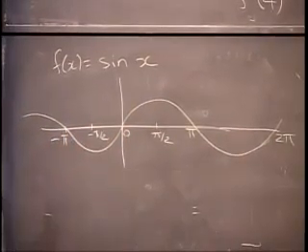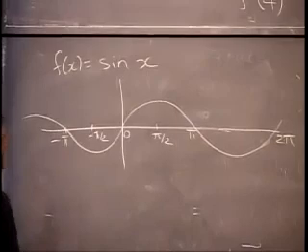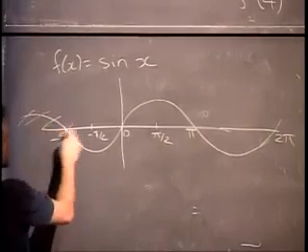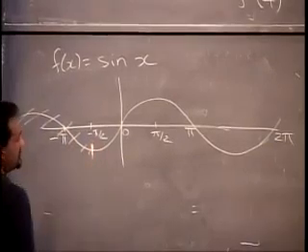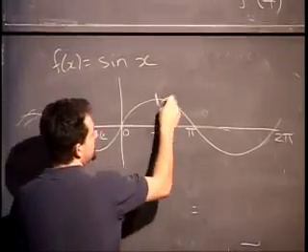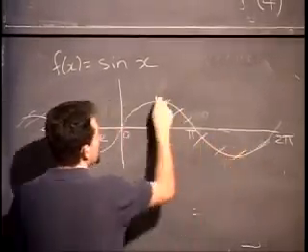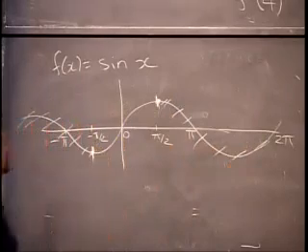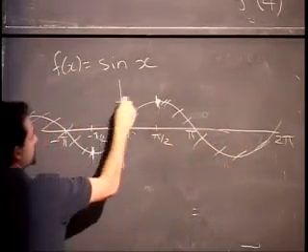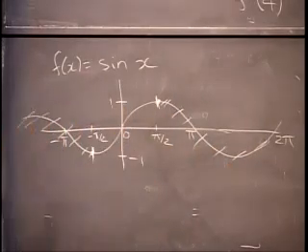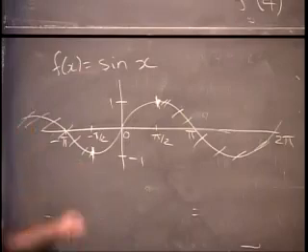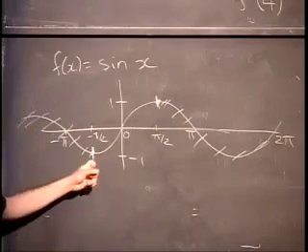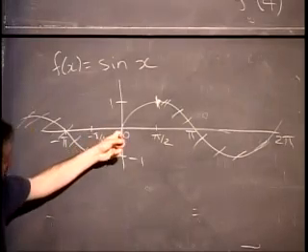So clearly we have to do something, and it turns out that a pretty good thing to do, it's not the only choice, is if you throw this away and start here and stop here and throw all that away, you do get a function which is increasing all the time. In fact, the derivative of sine x is cosine x, and cosine x is positive in the fourth quadrant and the first quadrant.